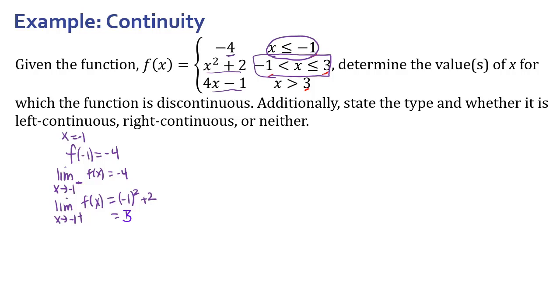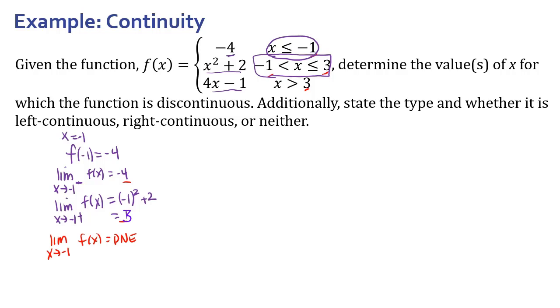So we can see that the limit from the left and from the right are not the same. So the limit does not exist there. There's going to be a problem. So I'll just write that out. The limit as x approaches -1 of f of x does not exist.